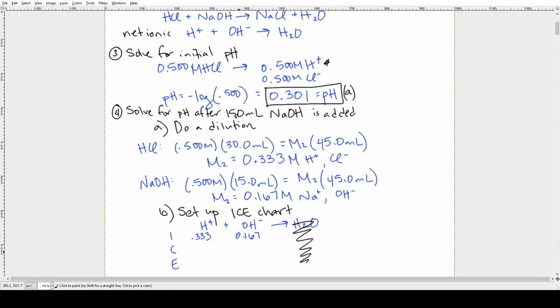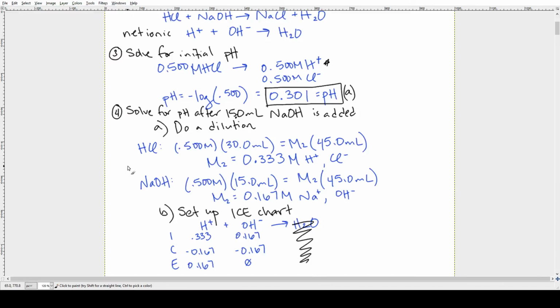Well, I know that in these strong substances, all of the hydrogens and hydroxides are released, and I know that hydroxide is my limiting reactant, so it's actually going to get used up completely, which means that since we have a one-to-one between it and hydrogen, so this is the benefit of, here, if you do that subtraction, look at this. This is the benefit of doing ice charts for strong substances.